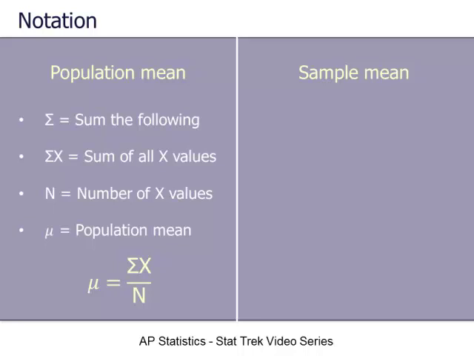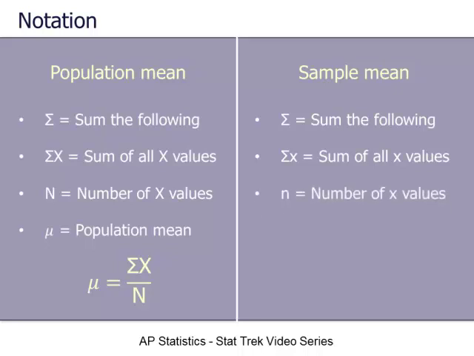Notation for the sample mean uses the same uppercase sigma for summation. After that, things are similar but not exactly the same. The sum of all x values is denoted by sigma x, where x is lowercase. And the number of x values is denoted by a lowercase n instead of an uppercase N. And the sample mean is denoted by x bar instead of mu.